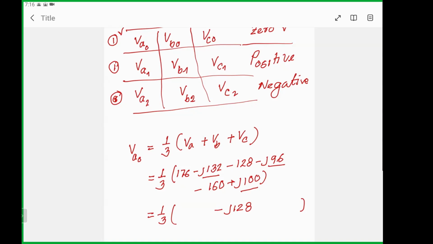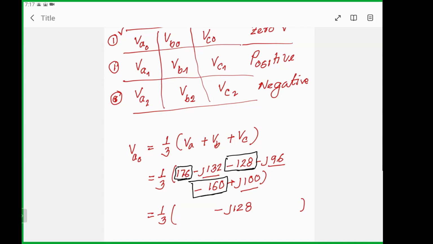And then I have to do the other part, the real part, which has to be separated. So that is 176. Then I have to subtract 128, and then I have to subtract 160, right? So this is plus, this one is minus, and this one is minus.